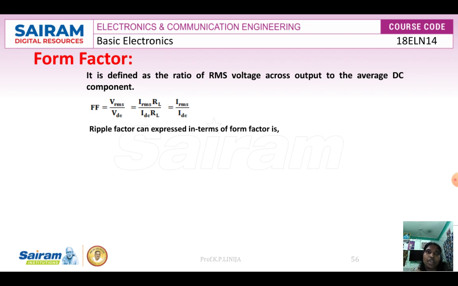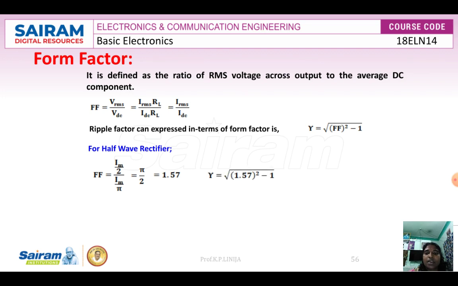Now we are going to relate this form factor with the ripple factor. The ripple factor can be expressed in terms of the form factor: gamma is equal to the root of FF, that is form factor, the whole square, minus 1. For the half wave rectifier, the form factor is equal to pi by 2, that is 1.57, so gamma is the root of 1.57 squared minus 1.